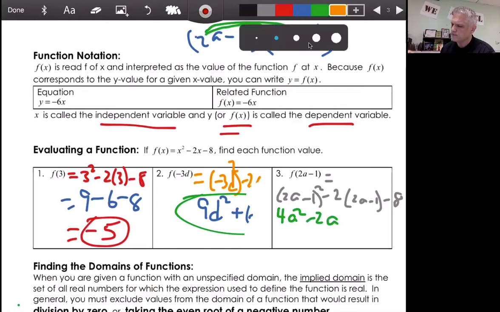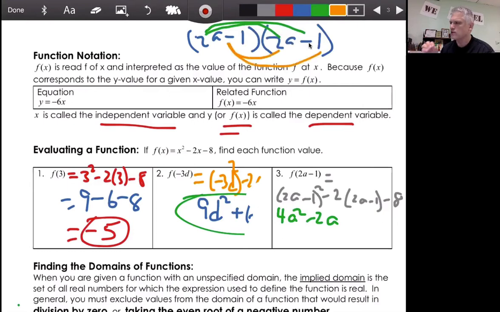And then we would take the -1, and we're going to distribute that. So you have your F and your O, now you got your I and your L. Okay? You did the first and the outers, and then now you're going to do the inner and the last. Okay? So we've got -1 times 2a, so that's another -2a. You got -1 times -1, which is +1. Do we have any like terms? We do this time. We have two terms that both have just a's in them for the variables.